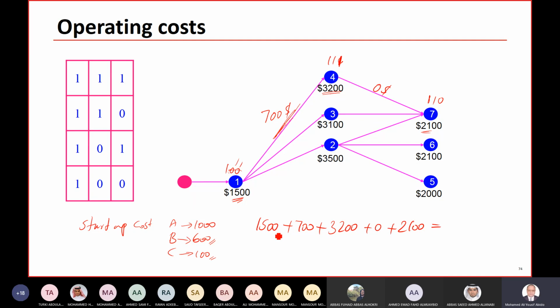So this will be like $7,300. This is the associated cost for that path. Okay? Is it clear?